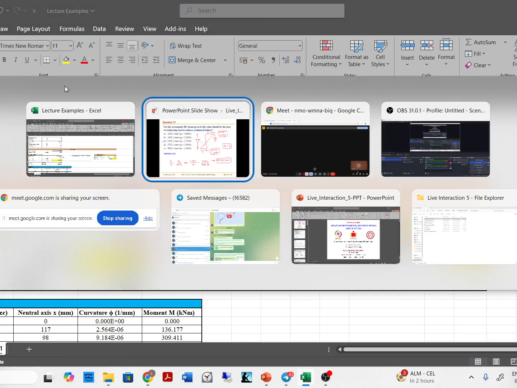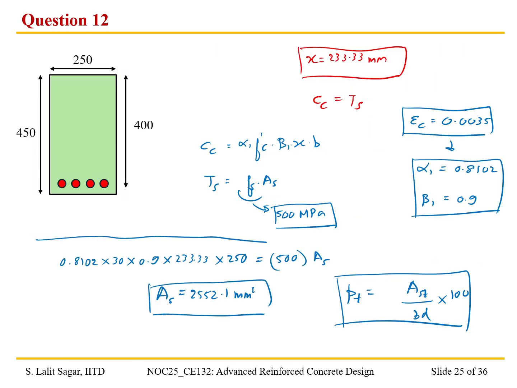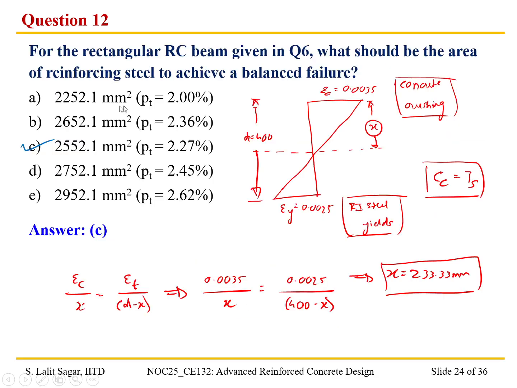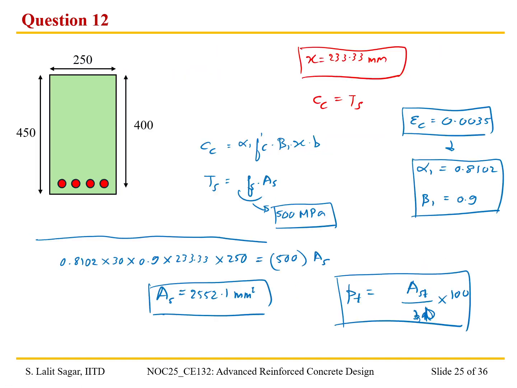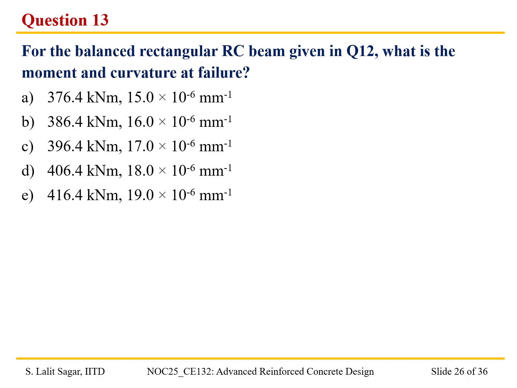So the correction is for the percentage reinforcement, we need to consider the overall depth. Please make that change: AST by B into capital D into 100. So for this particular question, option C is the correct response. So we will proceed to the next question.